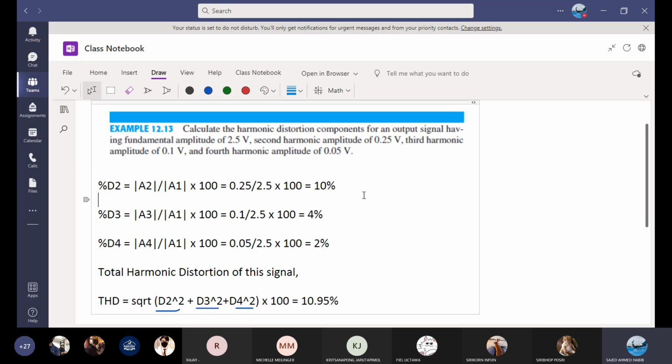Multiply by 100, you get 10%. Is the rest correct? Yes, the rest is correct.